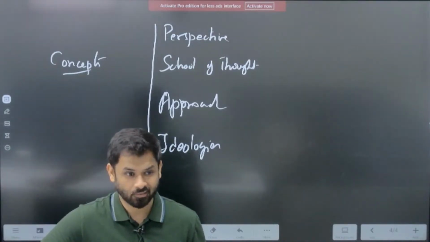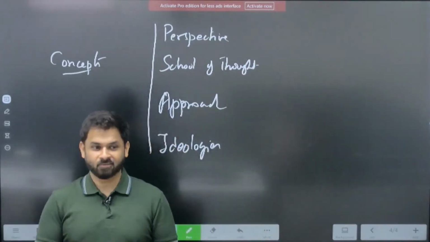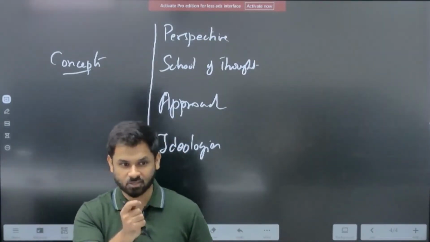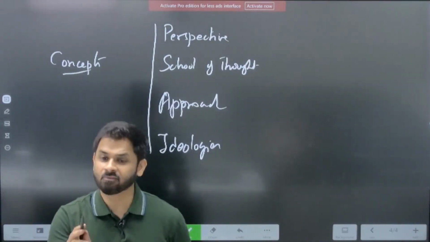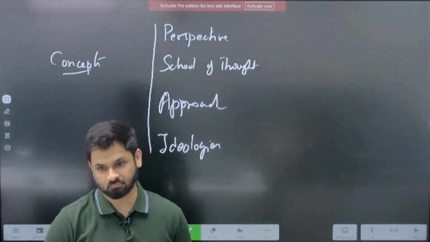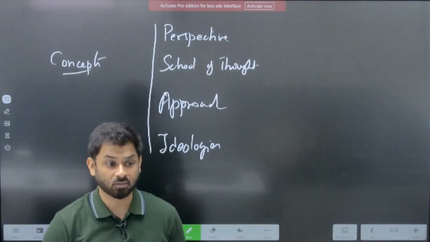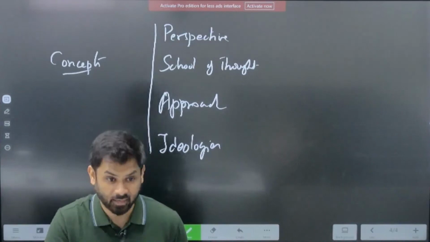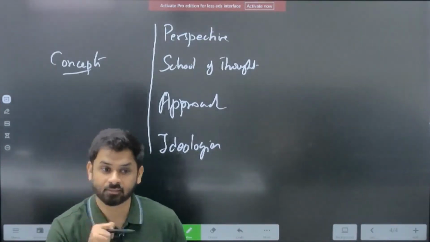Okay. So if you have a particular ideology, and you look at something from your ideological lens, you will have a different idea, right? A liberal will give more importance to the idea of democracy. He will give more importance to liberty, right? But a socialist will give more importance to equality.